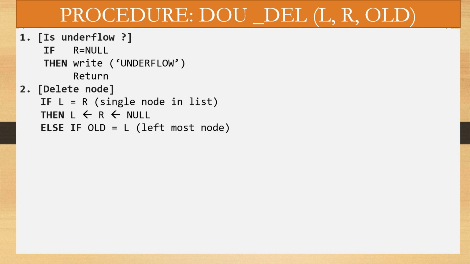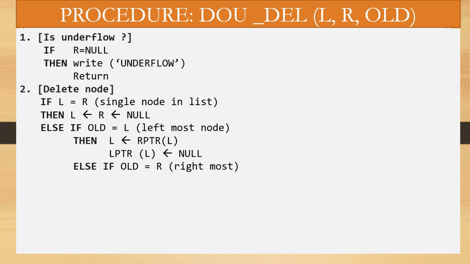Else, if old is equal to L, that means leftmost node, then L is equal to right pointer of L and LPTR of L is equal to null. Else, if old is equal to R, that is rightmost element, then R is equal to left pointer of R and right pointer of R is equal to null, because this is the rightmost element.